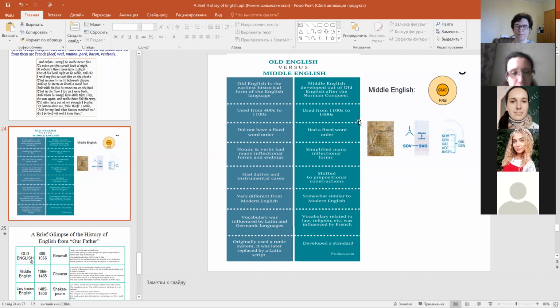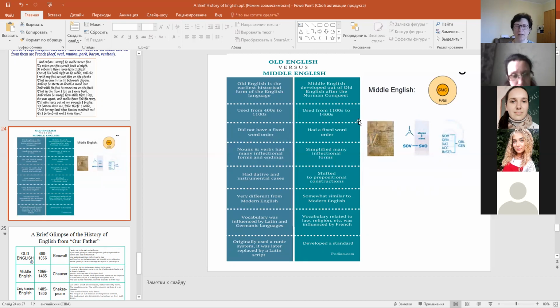Natasha. Old English had dative and instrumental cases. Middle English shifted to prepositional constructions. Good. Marina. Old English is very different from modern English. Middle English is somewhat similar to modern English.